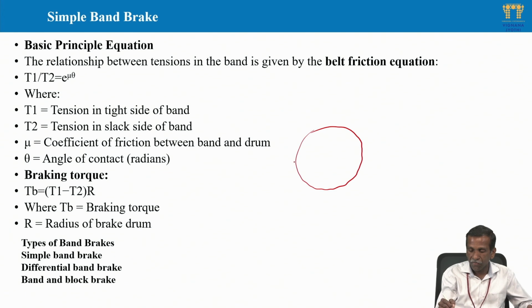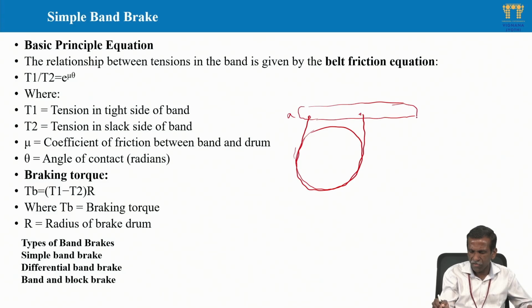One end of the belt is pivoted at, let us say, A, and the other end of the belt is pivoted to the lever at B, let us say. Then the drum radius is as usual R. Then if you observe the effort, if at all required, we need to apply on the lever end.